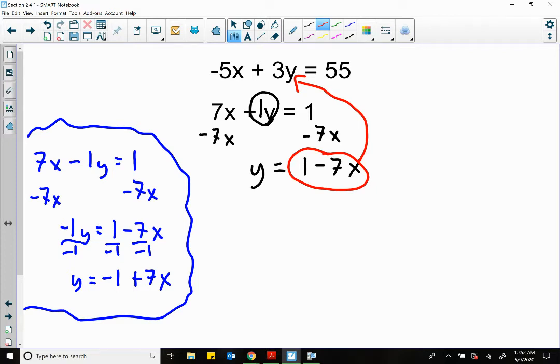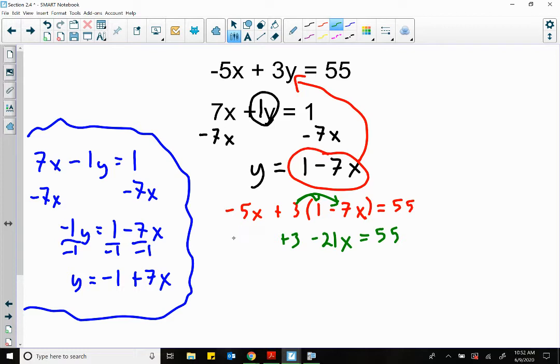Okay. So hopefully you found this. Negative 5x plus 3 times 1 minus 7x, because that's what y equals, equal to 55. Okay, distribute through. So that's 3, positive 3 to be specific. And that will give us negative 21x equal to 55.